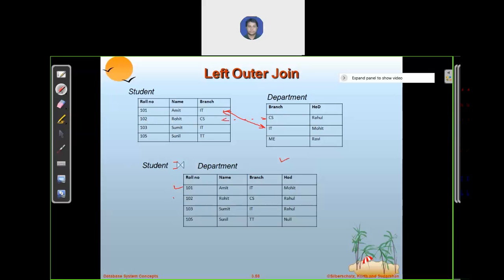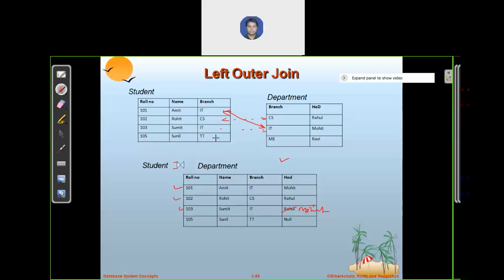So you will write 102 Rohit CS, and the head of the department is Rahul. Take the third record and see if there is any matching record in the other relation. Yes, IT. So you will write 103 Sumit IT, and the head of the department is Mohit.